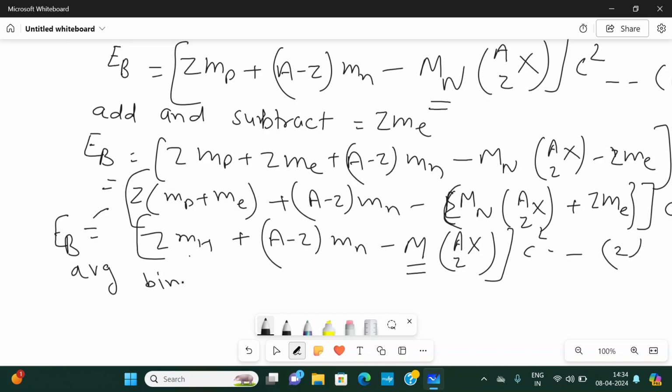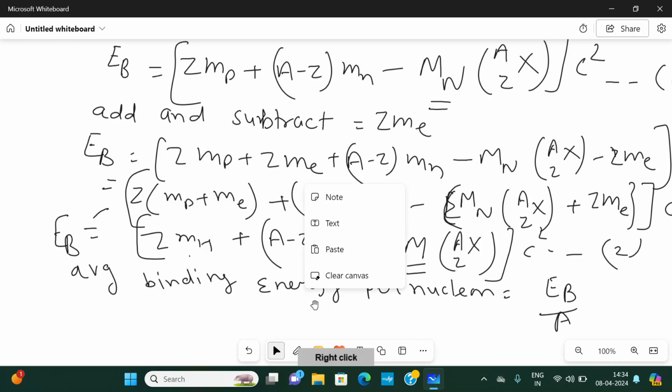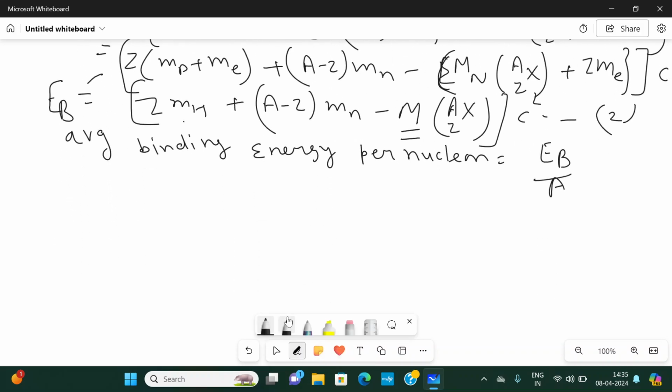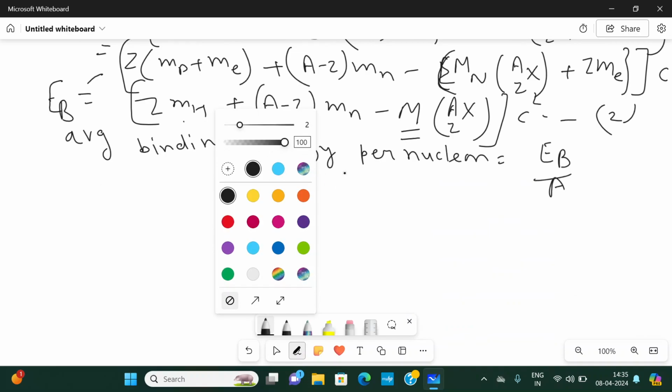Average binding energy per nucleon is E_B by A. We will put the value of E_B from this second expression.